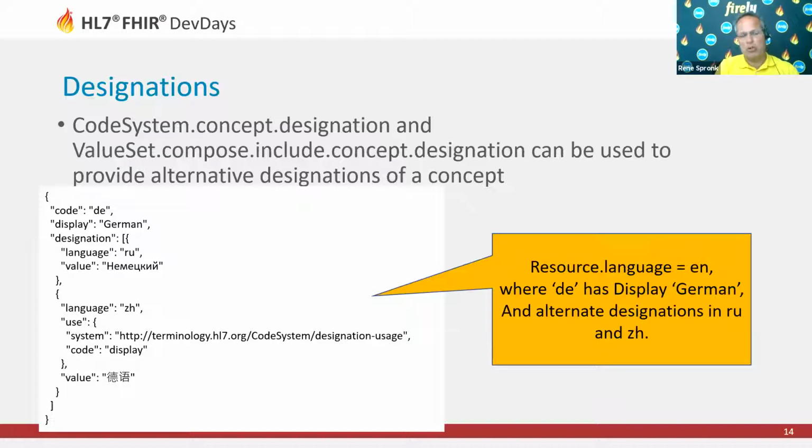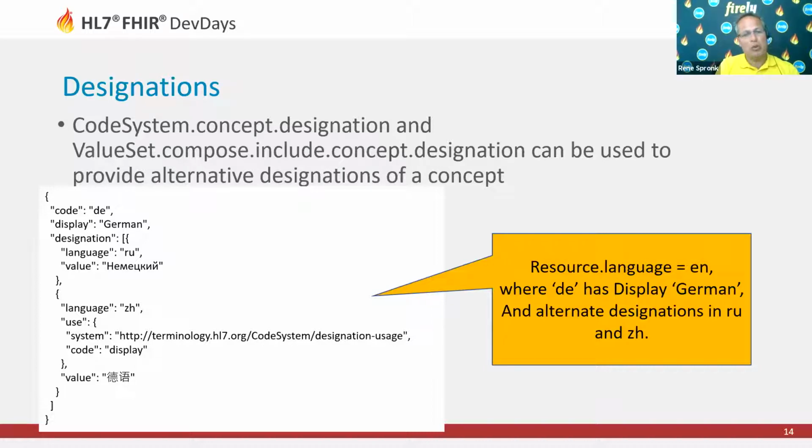So if a code system like SNOMED, for example, has multiple language descriptions and alternative designations, that means this is a very good base for our translations. If we have a code, then using a code system that contains descriptions in multiple languages, I can do a lookup and effectively translate a code.